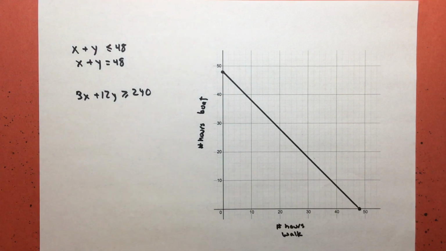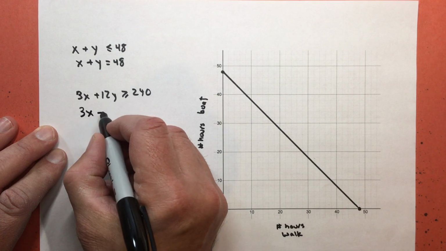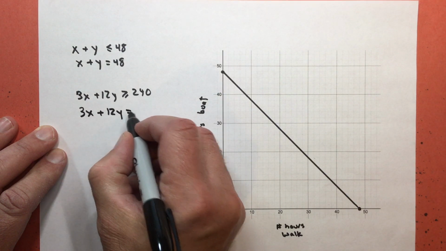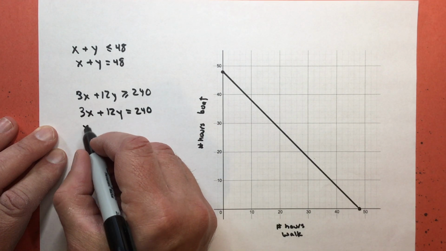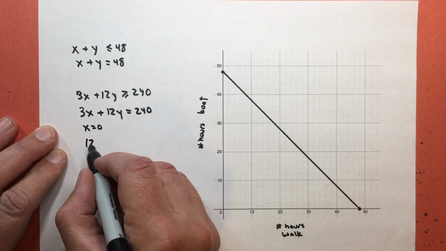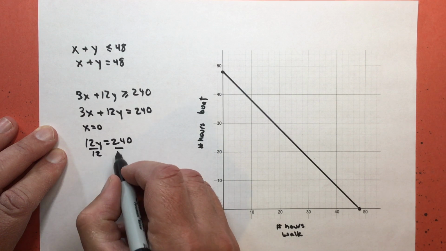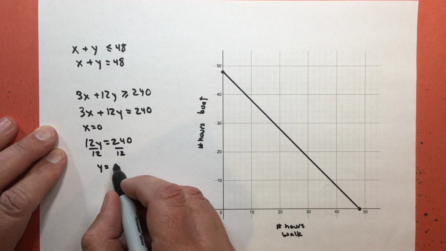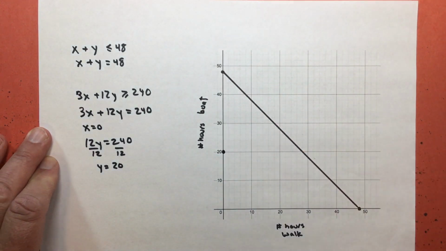Okay? All right, now for the other one, my boundary line is 3x plus 12y equals 240. So if I let x equal 0, I get 12y equals 240, and I get y equals 20. So y equals 20 is right here.